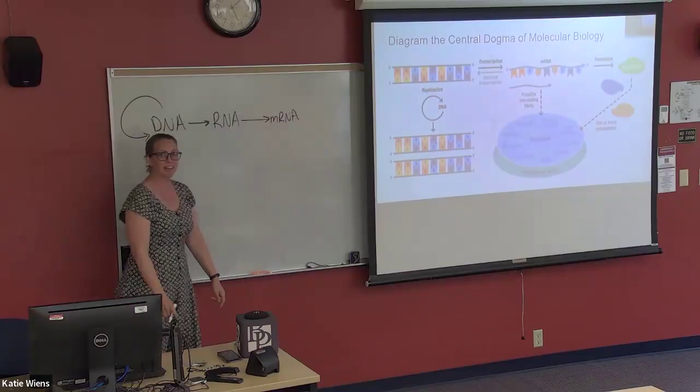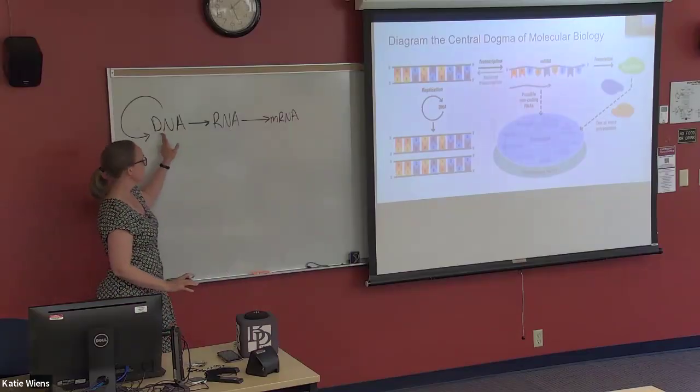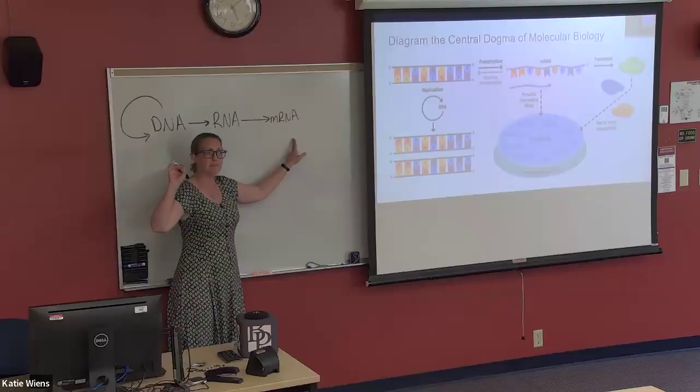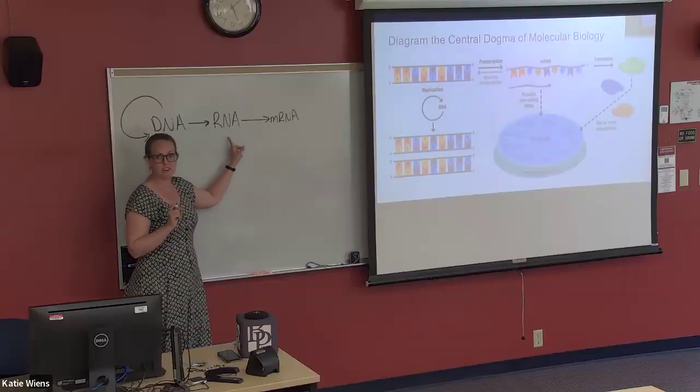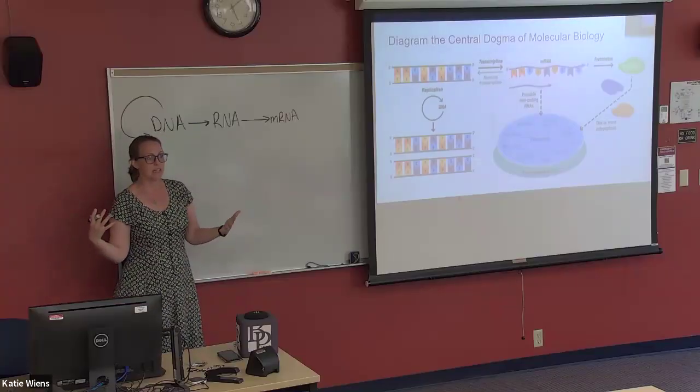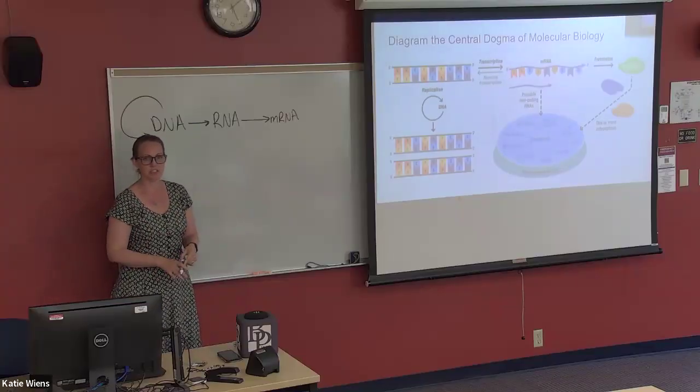So I want to highlight that it's not just DNA and automatically finishes with mRNA. There are other bits of RNA that get created and play an important role in genetics and biology.